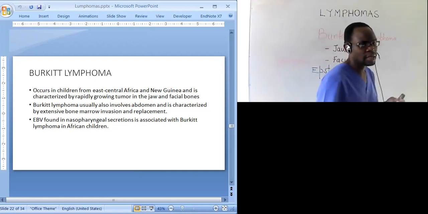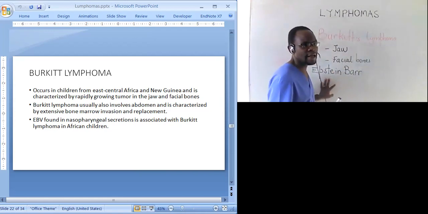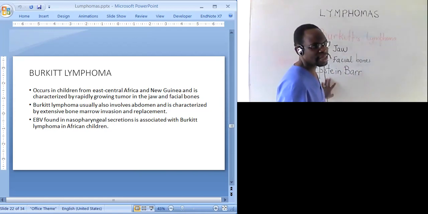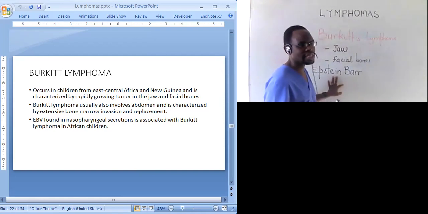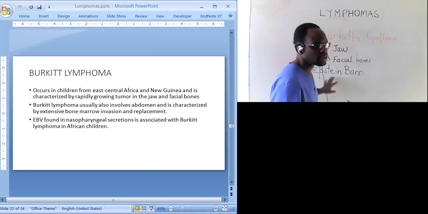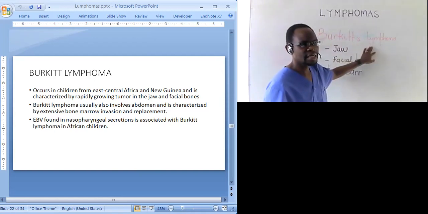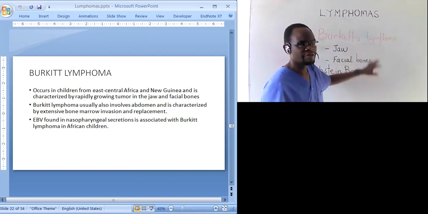This virus, which especially likes nasopharyngeal secretions, is associated with this kind of lymphoma especially in African children.